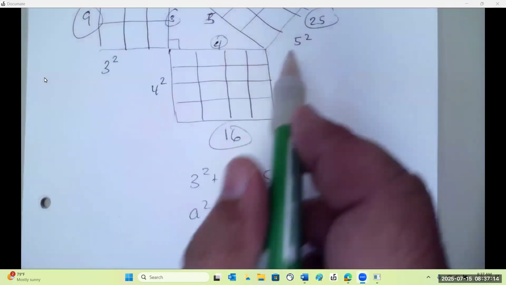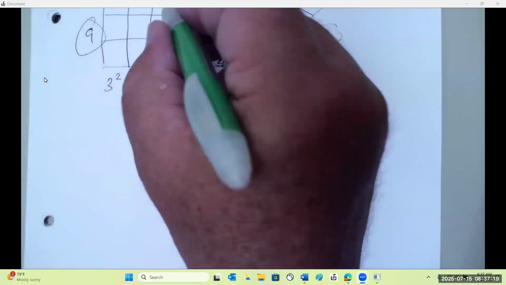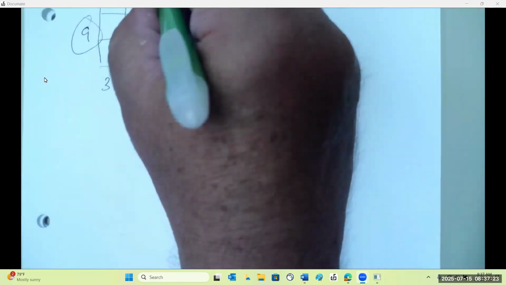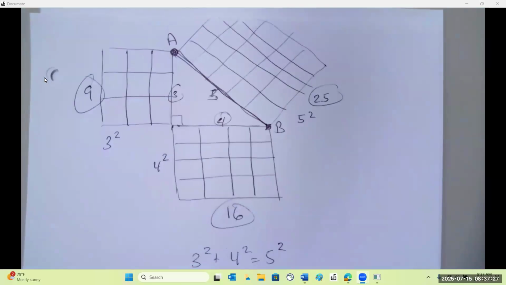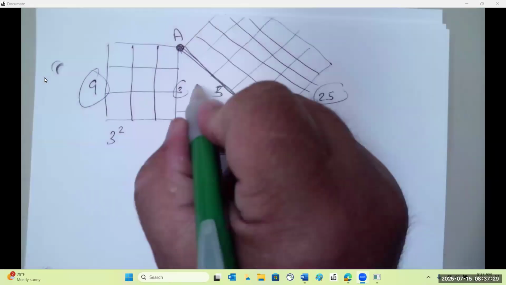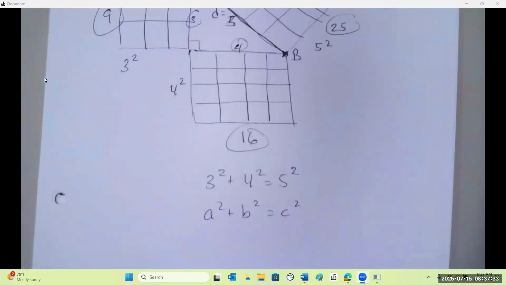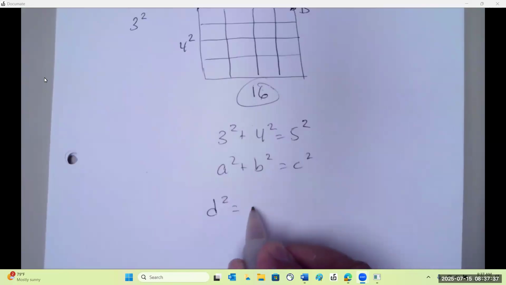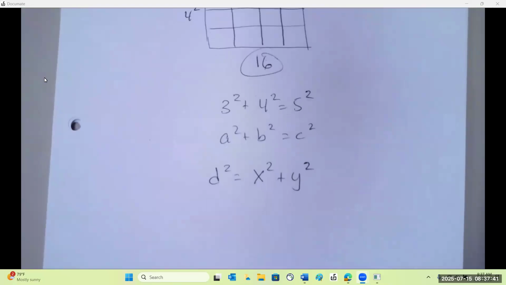And then we realized that this hypotenuse is actually the distance from point A to point B. It's a distance. So instead of using C, we can go D squared is X squared plus Y squared, horizontal and vertical.